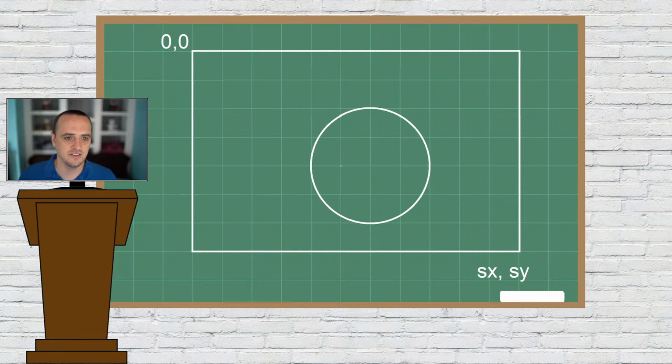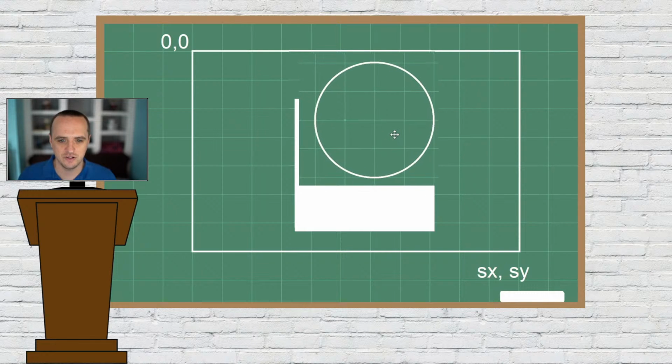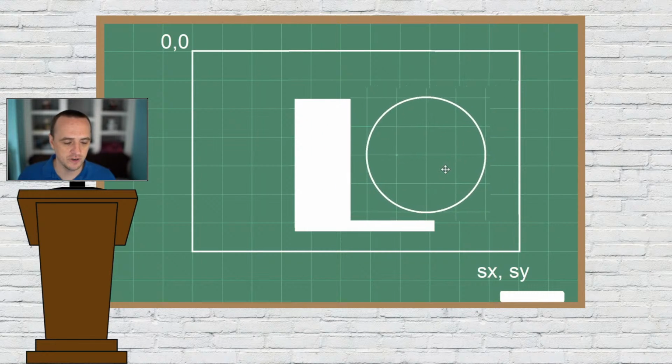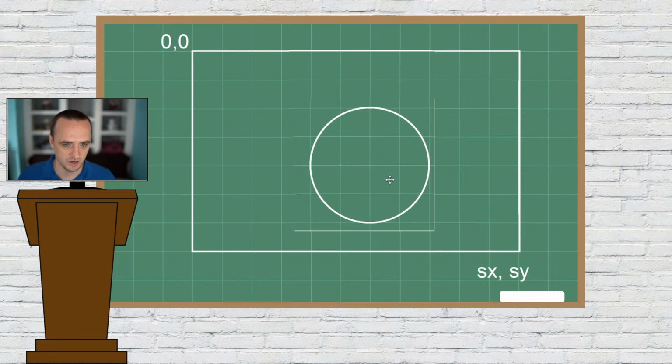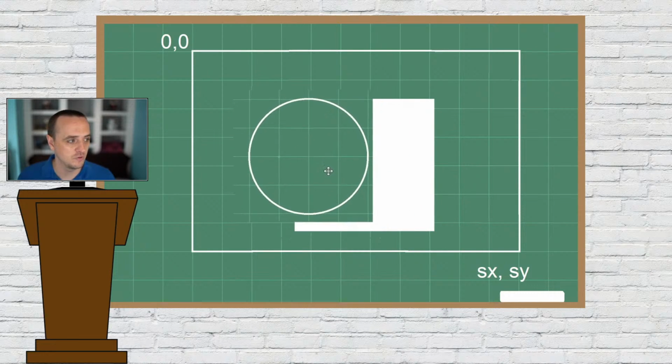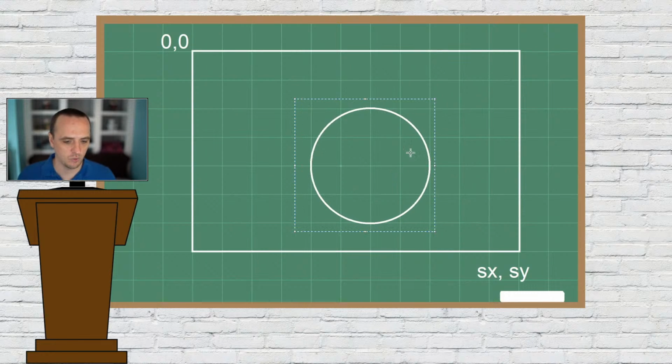And the last thing is that when a shape bumps, for example, if a shape is moving to the right and it hits the right, it's going to start moving in the opposite x direction. And if it moves down and bumps, then it's going to be moving in the opposite y direction. In order to accomplish that, all you have to do is change the speed in the x direction to negative whatever the previous speed was.